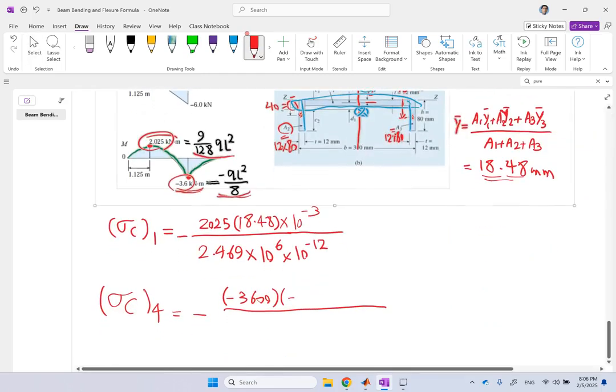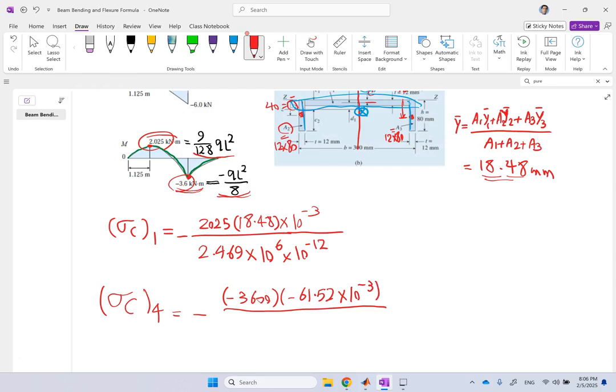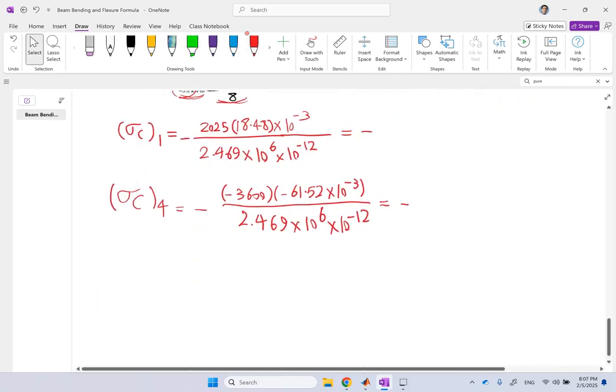So it is going to be negative 6152, and it's in mils, so convert it to meters. Again, divided by the same IZZ. And you can see both of the numbers will be negative something, because these two negatives would cancel each other. I can find that.